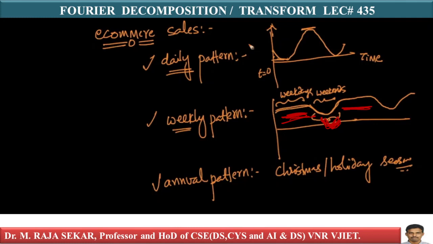So even in e-commerce sales, just like heart rate, where your heart goes up and comes down every second, you see repeating patterns. Wherever you see a repeating pattern, looking at frequency is a very interesting idea.